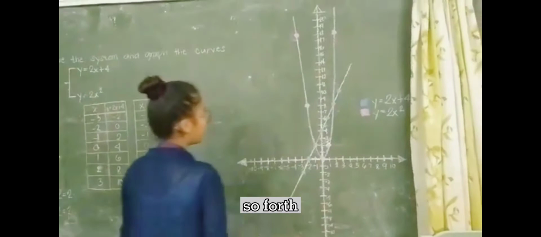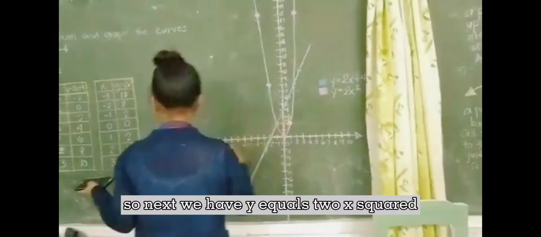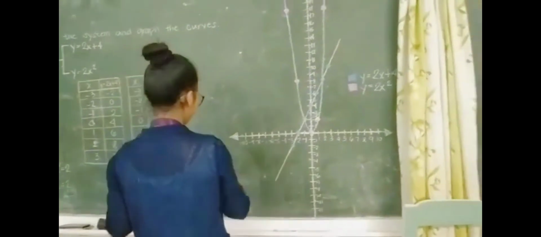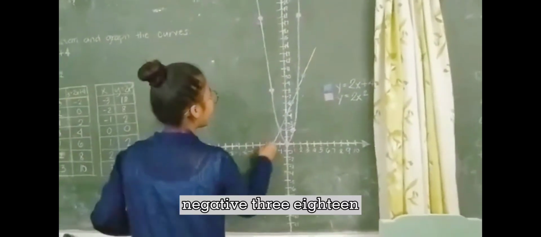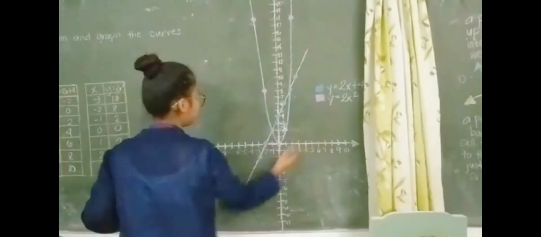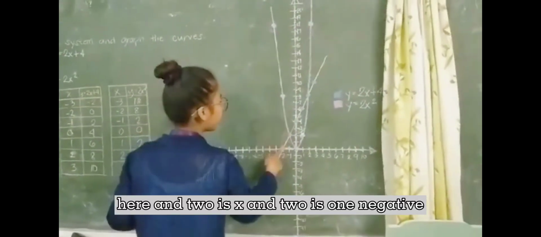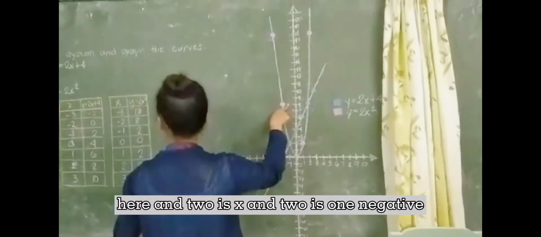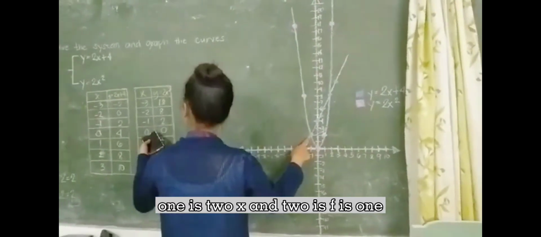And so forth. So next we have y equals 2x squared. So we have here negative 3, 18. It's obviously a parabola. Negative 2, 8. Negative 2 is x and 8 is y. Negative 1 is x and 2 is y.